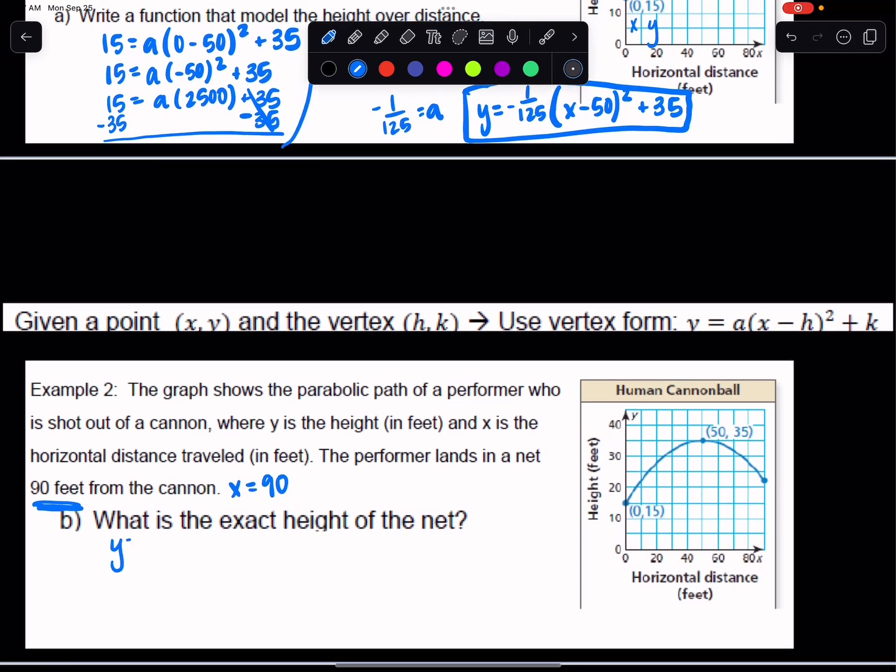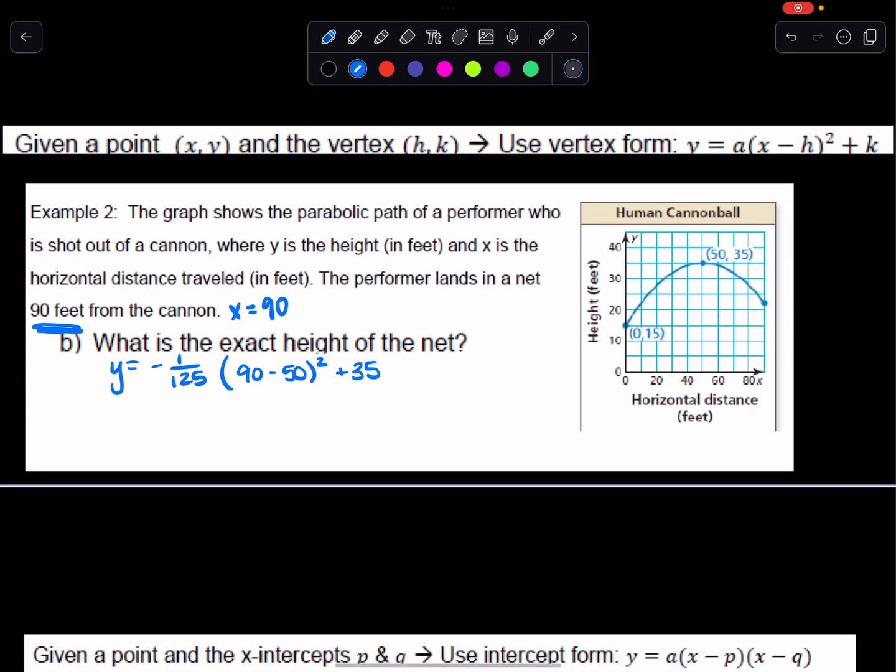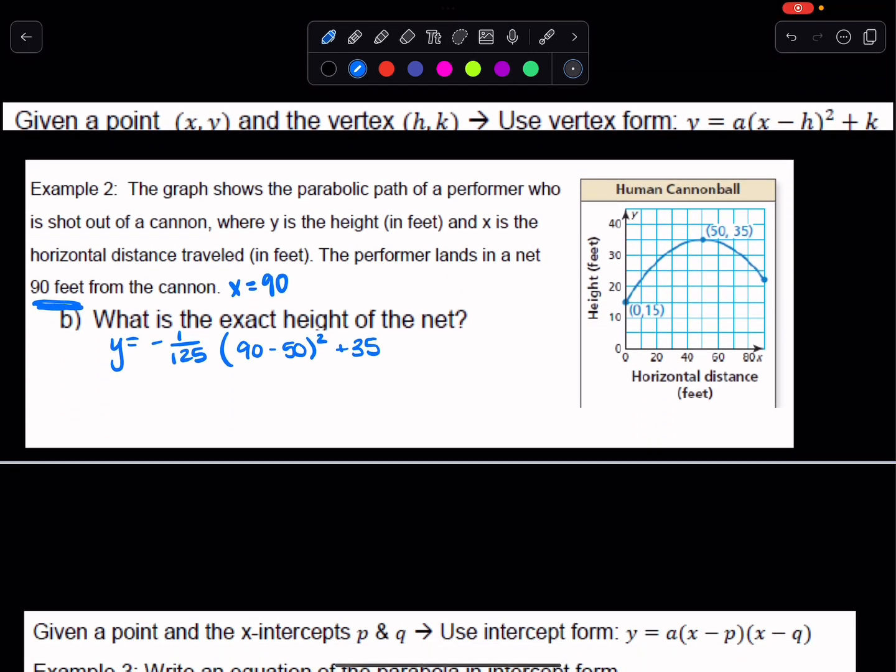So I'm using my function that I wrote, y equals negative 1 over 125 times (90 minus 50) squared plus 35. And then we simplify. So negative 1 over 125, 90 minus 50 is 40, squared, plus 35.